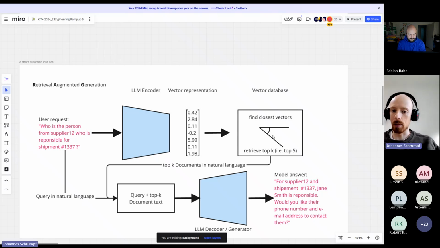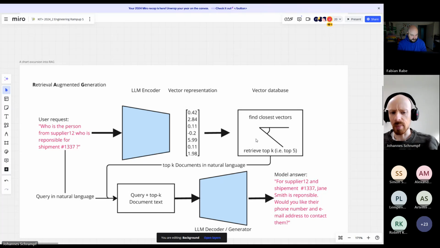And when we have done this, we can just find the corresponding parts in our text documents and take those parts. So we don't take all the vectors that we have and pass them on in the next step, but we look back to what kind of text is represented by the vector that we found.